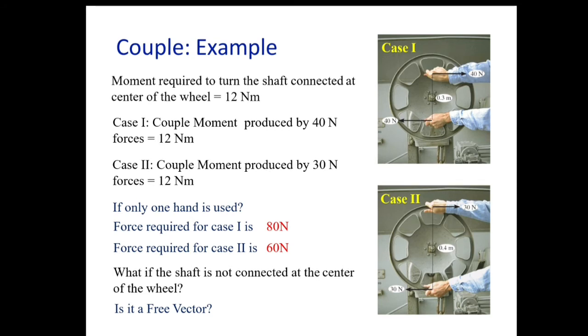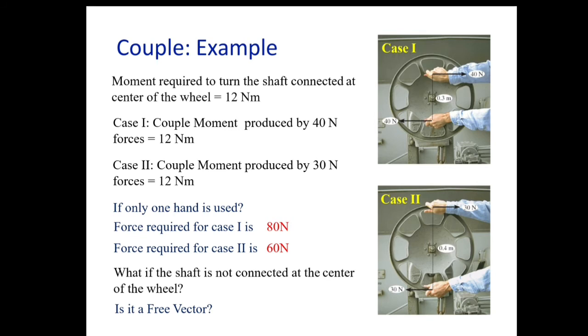In the previous session I gave an example of a car or a big vehicle like a truck, of their axle or their driving wheel. The moment required to turn the shaft connected at the center of the wheel is equal to 12 newton meter for the first figure.